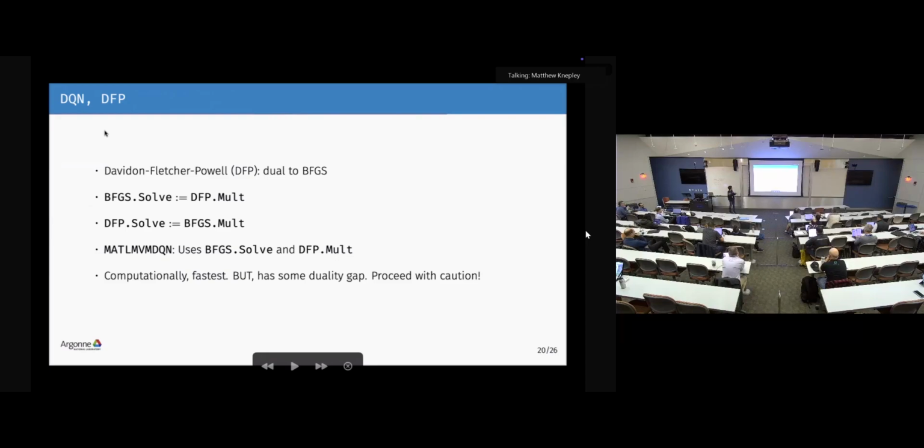If you use both, then you need to be mindful of how much solve am I doing, how much mult am I doing. Do I need to be really, really stable? Then okay, you use the recursive one. And if I just need to run fast, then maybe you can risk it with the dense QN. So yeah, that is something you need to be more mindful of compared to using classical BFGS that's in PETSc.